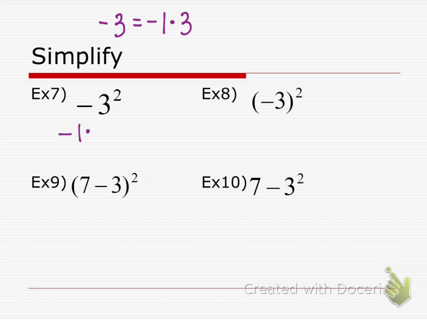If I rewrite that, split up, there's nothing that's binding this negative to the 3. There's nothing trapping the negative sign with the 3. So I can split it up. -1 times 3 squared. The squared definitely belongs to the 3. It does not belong to the negative sign. Are we okay with that, Dane? So is the answer -9? So the answer on this one would come out to -9.